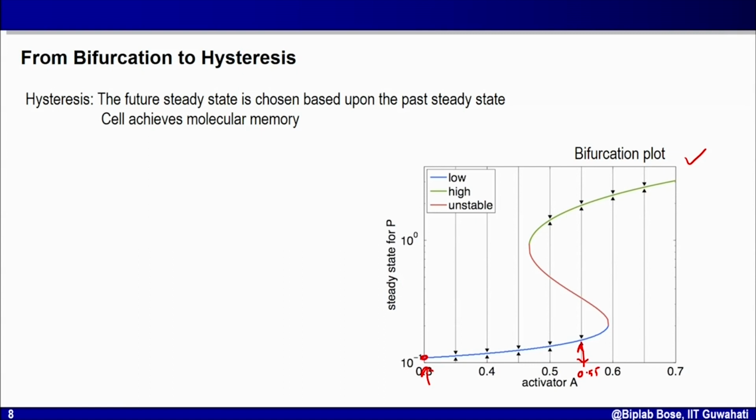Now, if I allow the system to reach steady state by waiting for some time, the system will have three possibilities, three steady states. Obviously, the middle one is unstable and the system will not move there, but the system has the option to either stay at this lower value or to jump to the higher one.